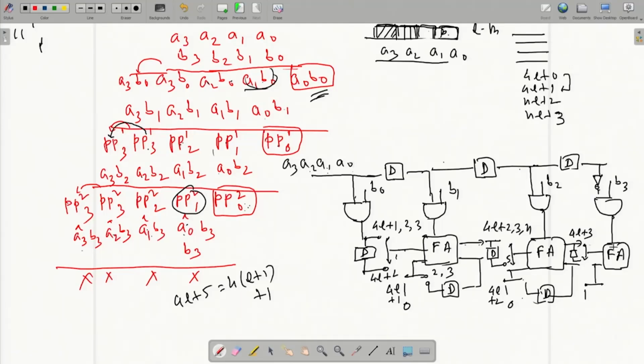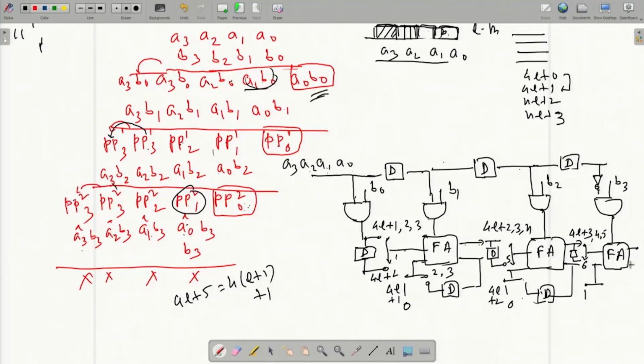And when it comes to 4L plus 3, that time this previous result will be extended. This is 0, 1, 2, 3, 4, 5, 6. So, 3, 4, 5 here. When it comes to 6, this will move here.